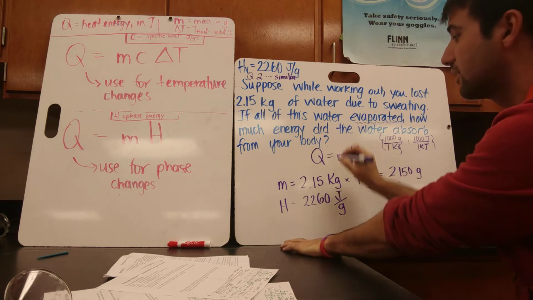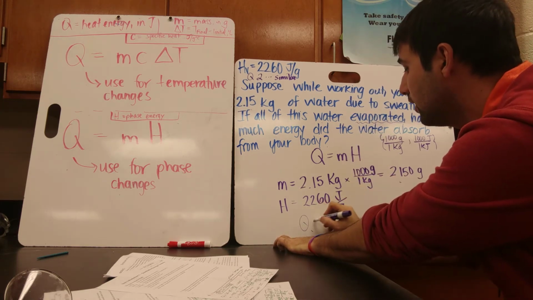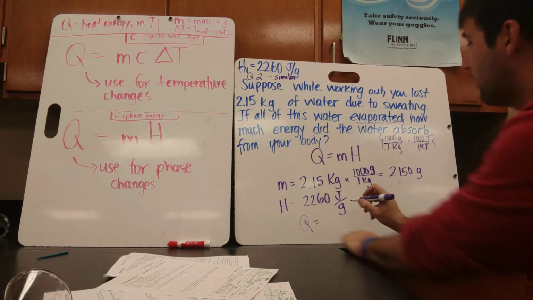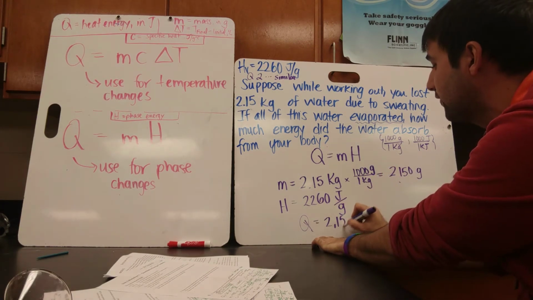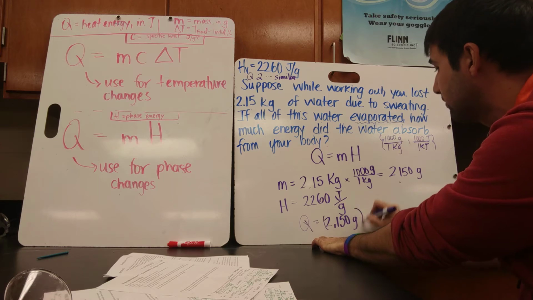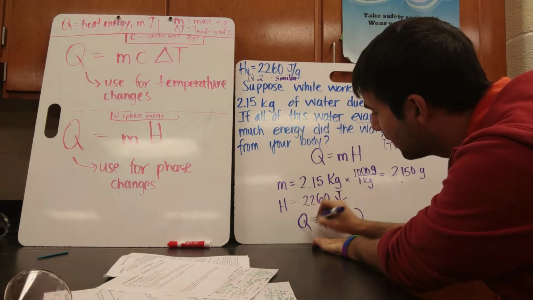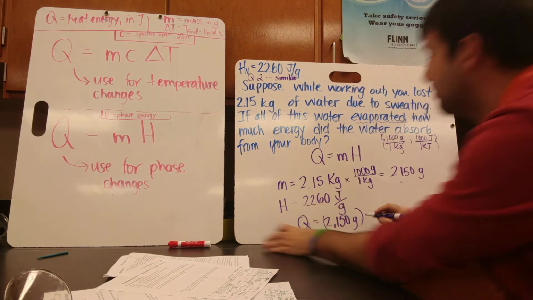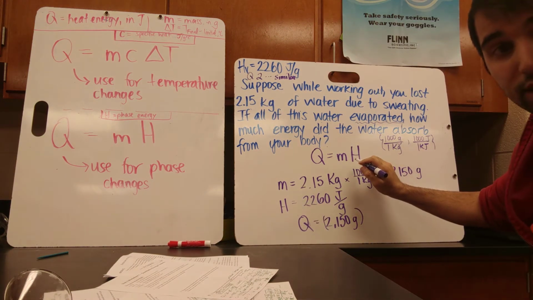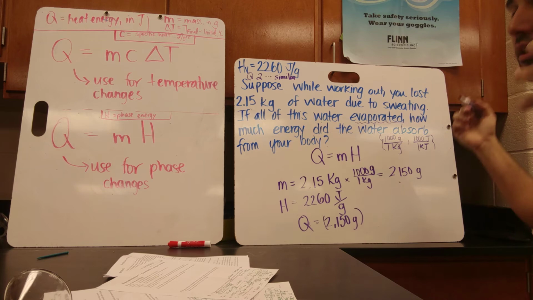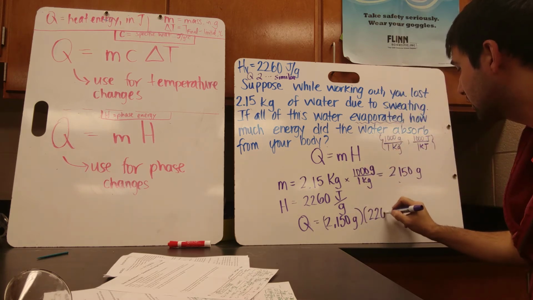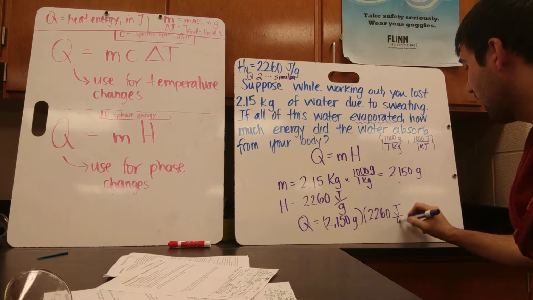So I'm going to plug this into my equation. Q is equal to my mass, which needs to be in grams, 2,150 grams, multiplied by my heat of vaporization, which is my phase change energy, 2,260 joules per gram.